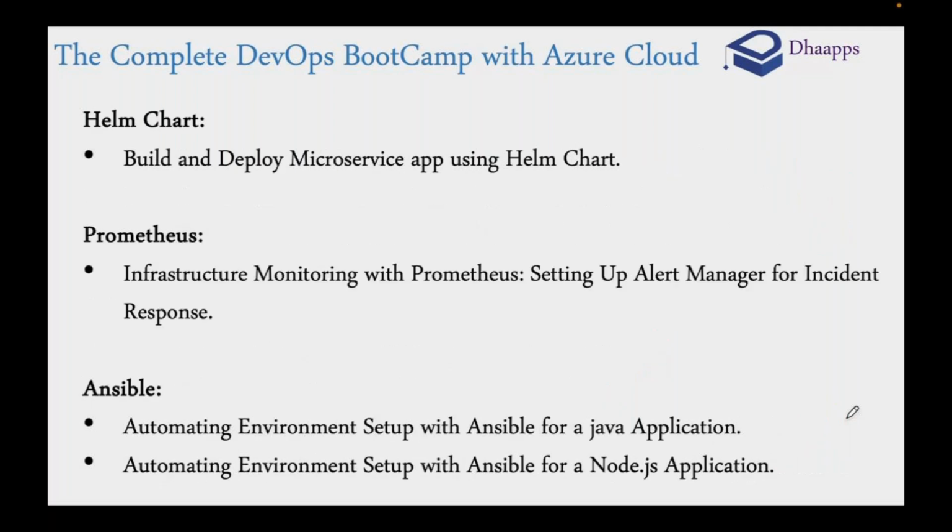Then with Helm charts we are going to build and deploy the microservices, and use Prometheus to monitor the setup: how to set up Prometheus, how to make alerts, and so on. Then Ansible. We will set up our environment for the Java application separately and the Node.js application separately.